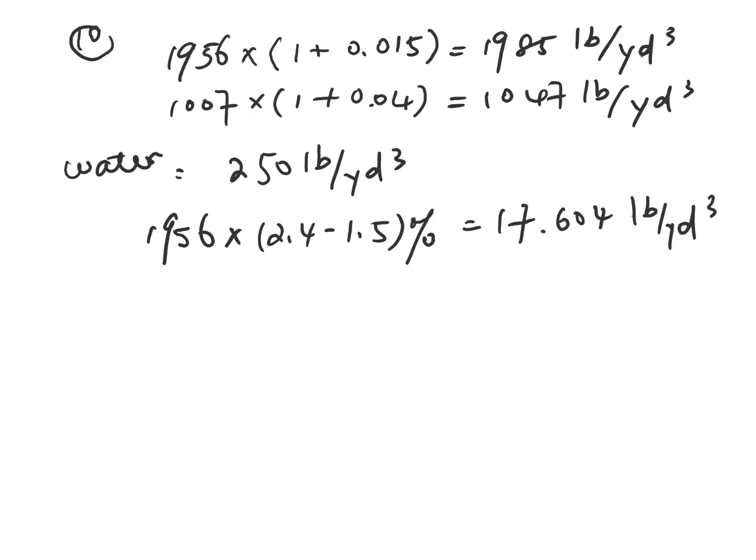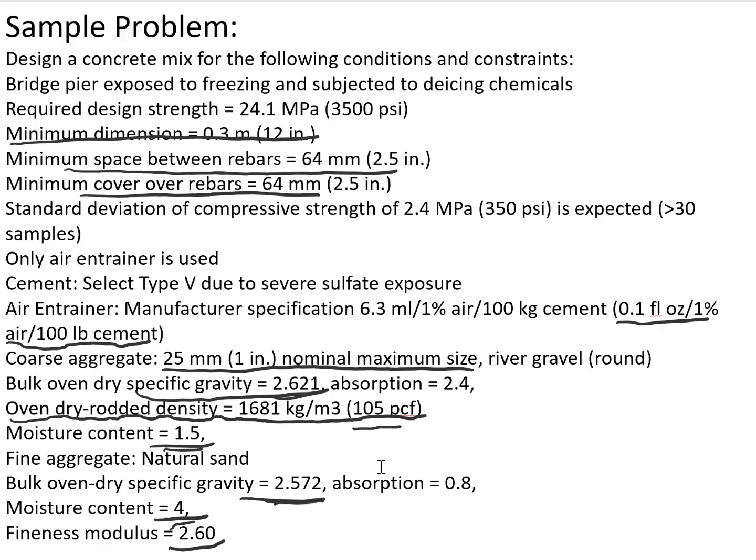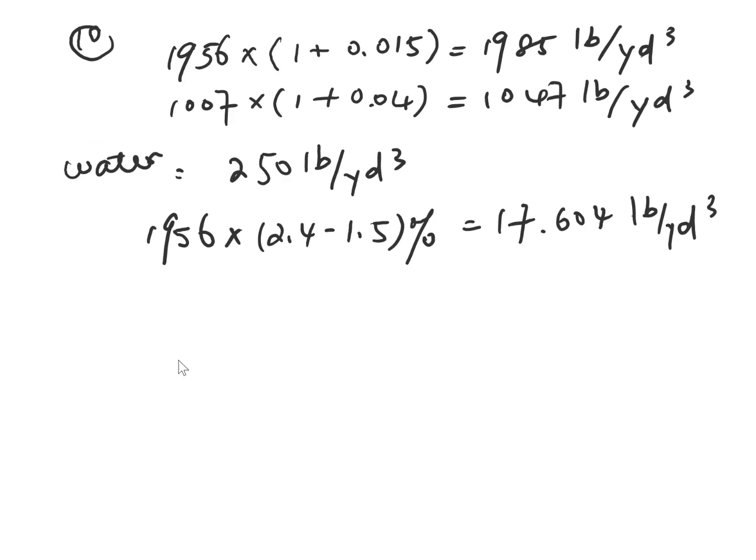So let's see the fine aggregate. The absorption value is 0.8 and the moisture content is 4. So it has more water than the SSD condition. So we can calculate this amount of the excessive water.